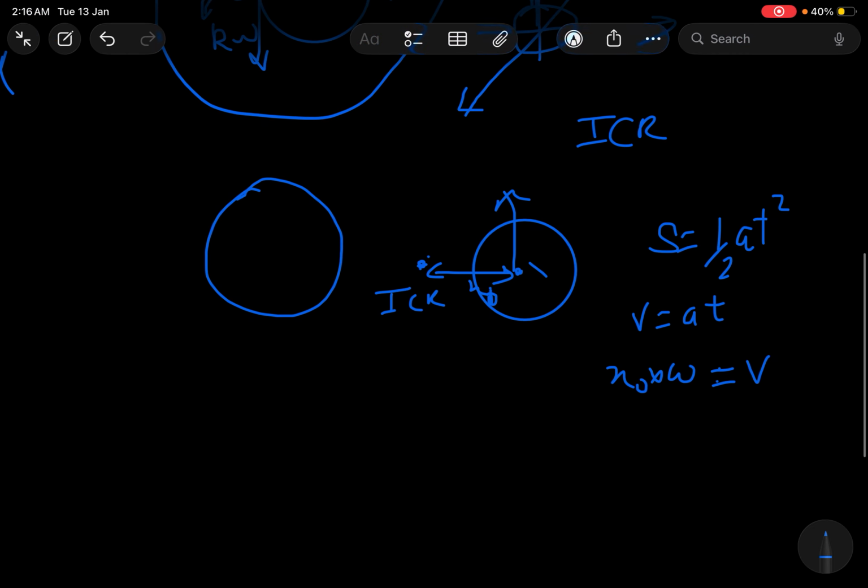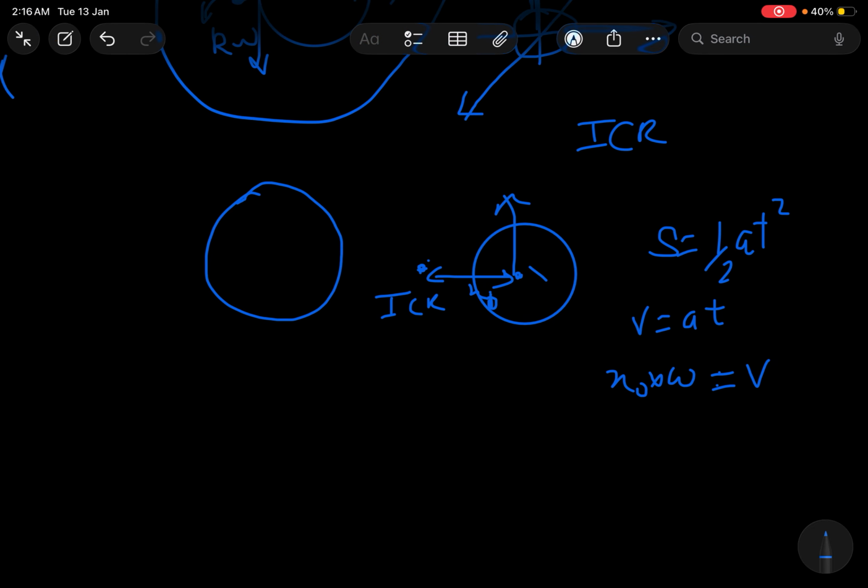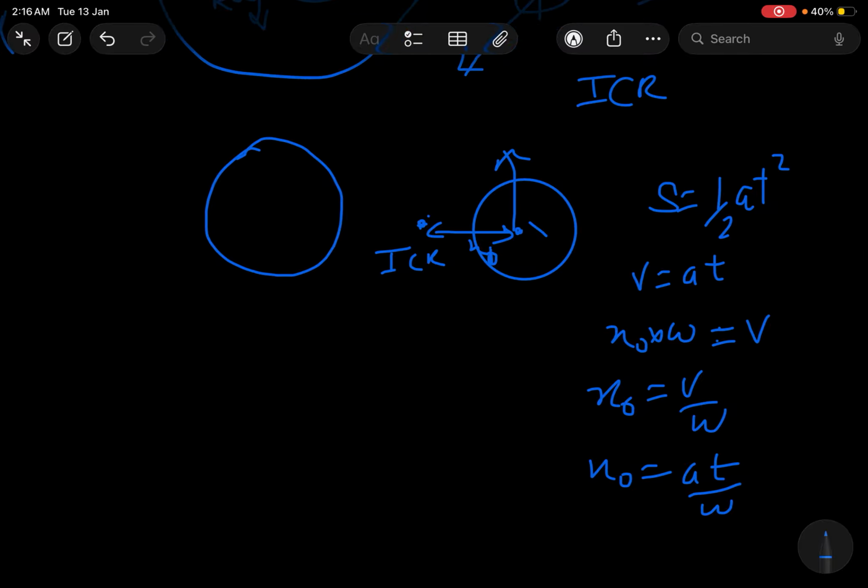All right, now we get that x naught equals v by omega. So x naught equals at by omega, right? X naught equals at by omega. Or let's say we need to get rid of t, right? Because in the equation of trajectory we do not have any t term.